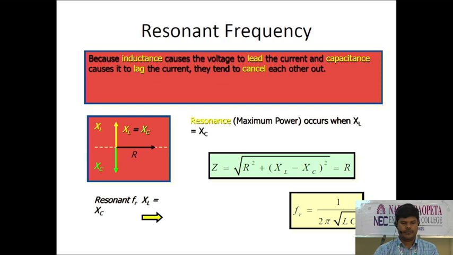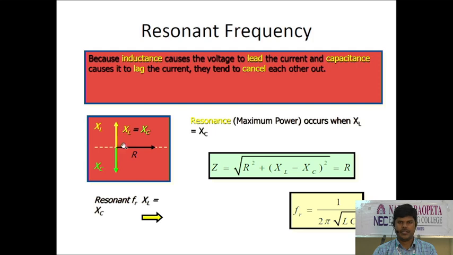Resonant frequency is another phenomenon in AC circuits. In communication systems like FM radio or normal radio, we use resonance. See this one: for a pure resistor, there is no phase angle between the voltage and current.